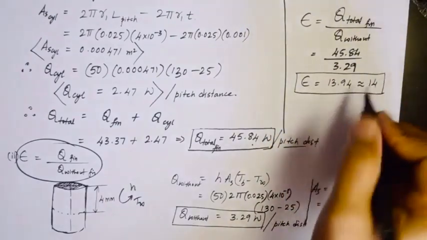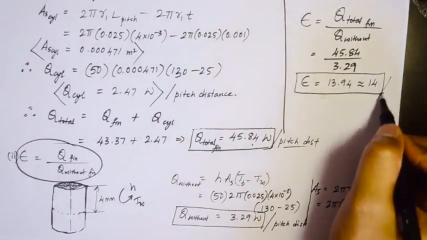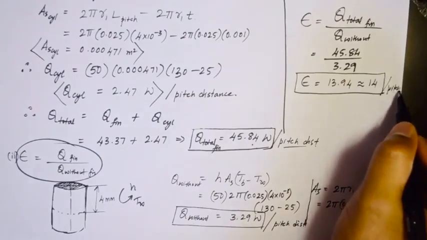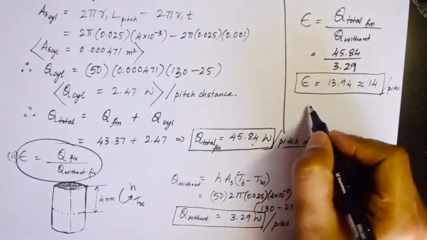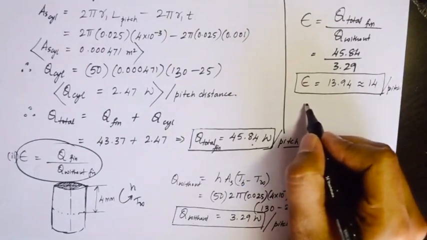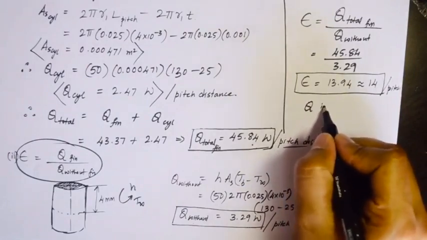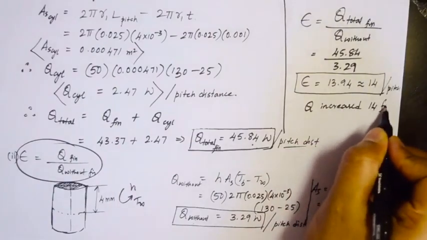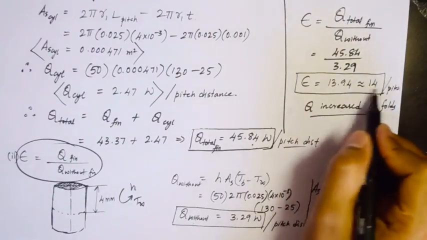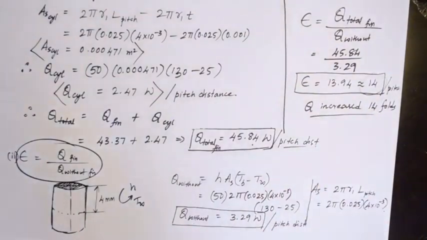This is also the effectiveness of fin per pitch distance. So when you get the effectiveness as 14, it just means that just by the attachment of fins, the heat transfer is increased by 14 folds. That is what is the meaning of effectiveness given as 14.